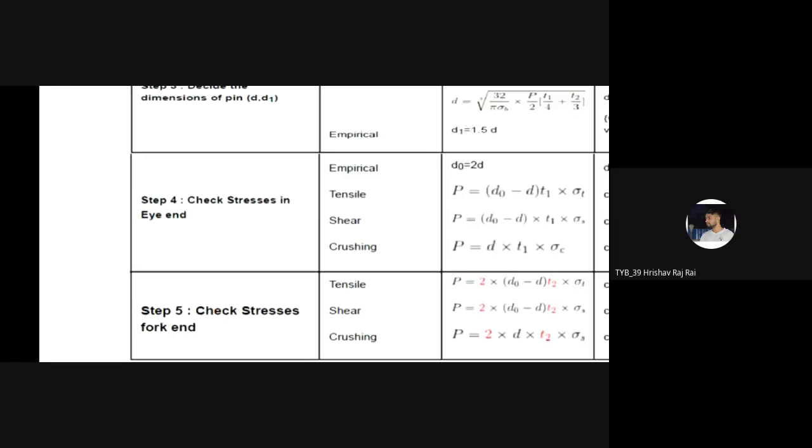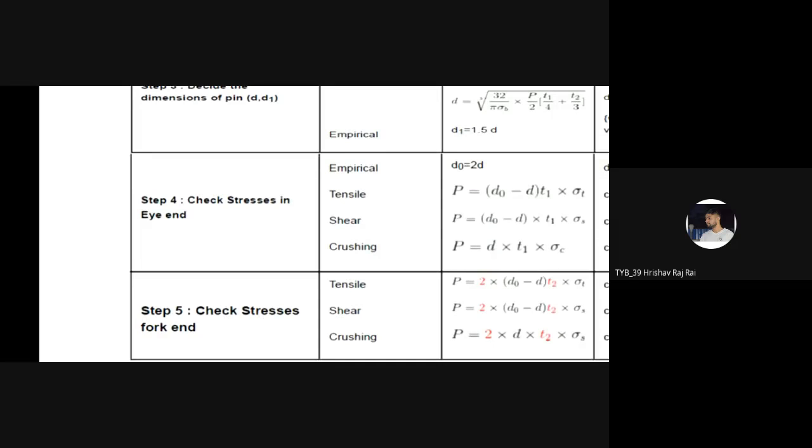Next, the fifth step, which is the last one. In the same way as we have done for the single eye, we are going to do it for the double eye. That is, we are going to check the rest of the possibilities where failure may take place, in tension, shear, and crushing. Now, same formula, force is equal to area multiplied by stress. We just have to calculate the area undergoing tension.